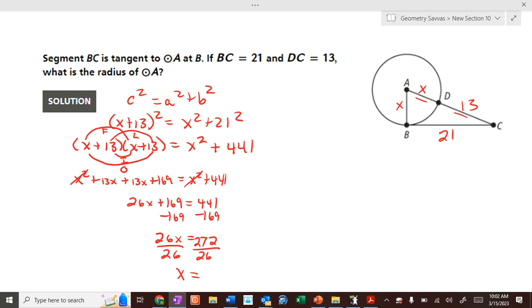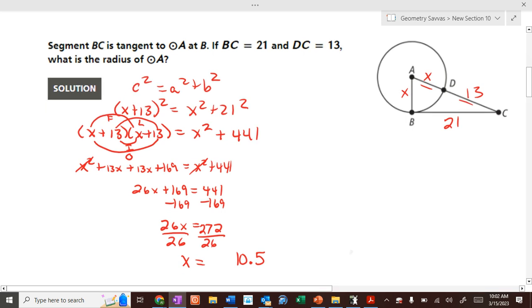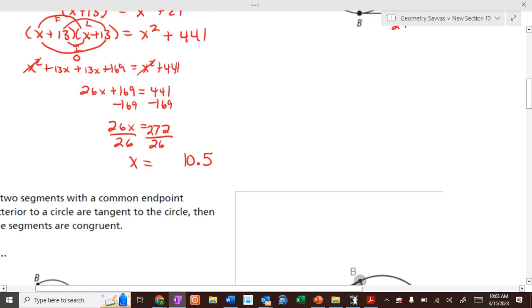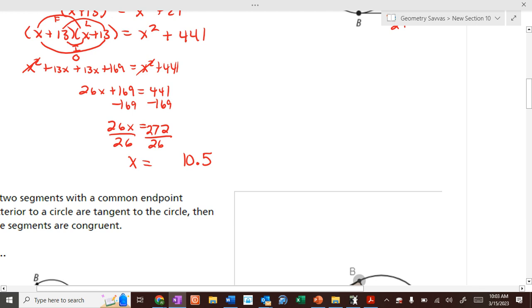X equals about 10.5-ish. Yeah, so let's go 10.5 to the nearest tenth. Okay, so that's the radius, is about 10.5.